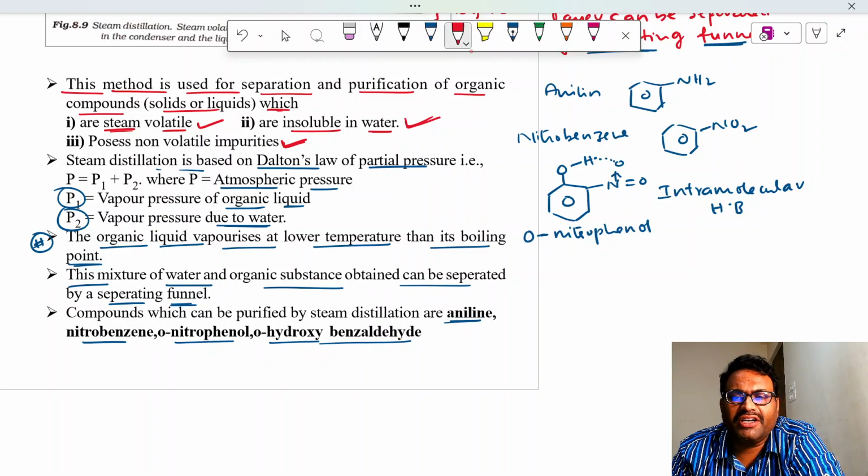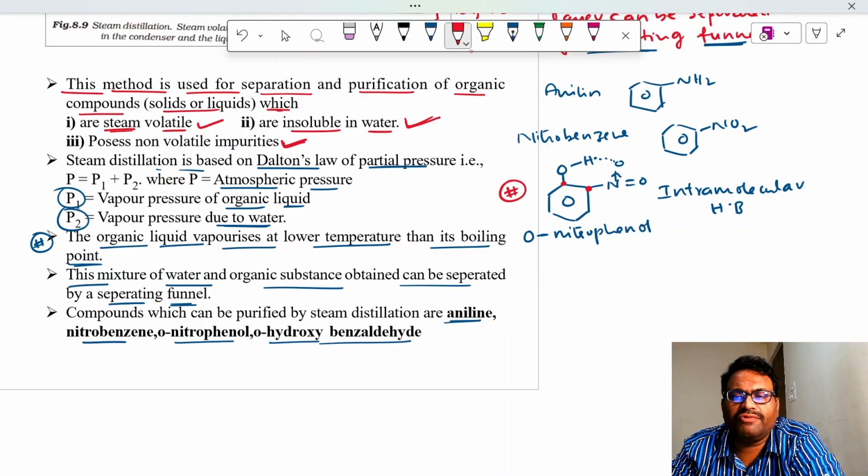You need to remember this, it is a P by Q. Here is OH; if you take this as position 1, this becomes position 2, which is also called ortho.